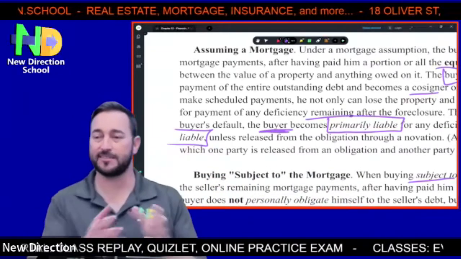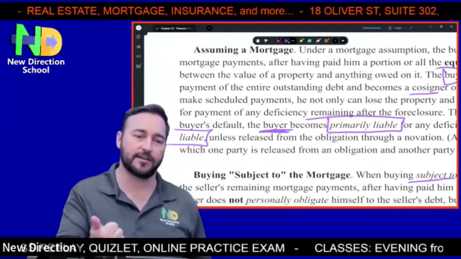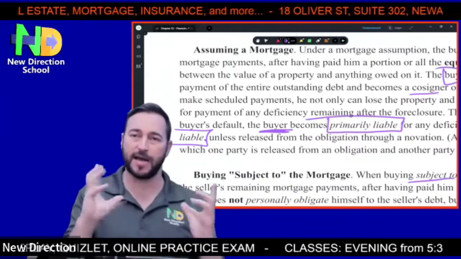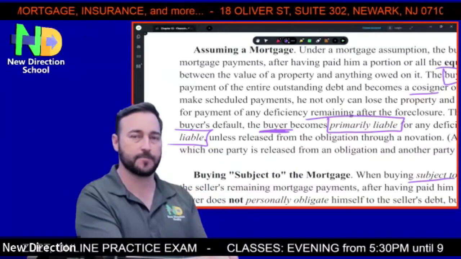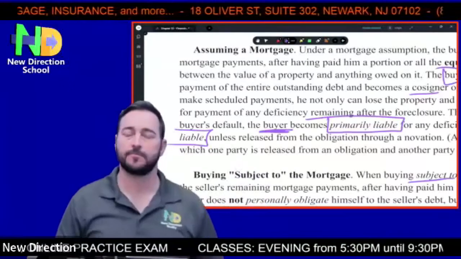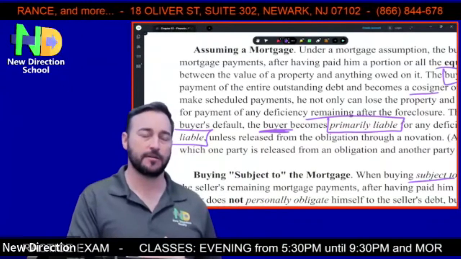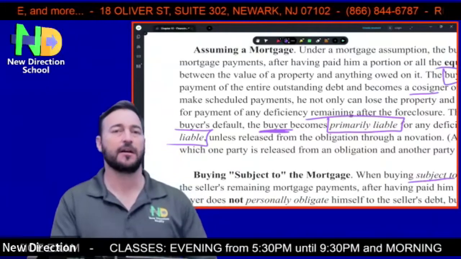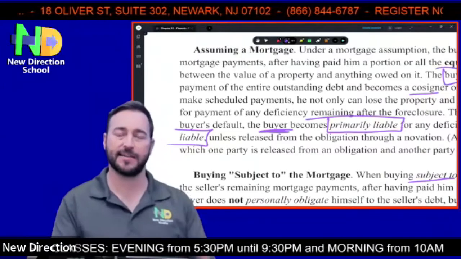If you remember, in assignment of a lease, the assignor has secondary liability. The assignee, because it's by agreement, is the one primarily responsible. Assuming a mortgage, the assignor, which is me, has secondary liability. The assignee, which is Randy, has primary liability, because again, it's by agreement.